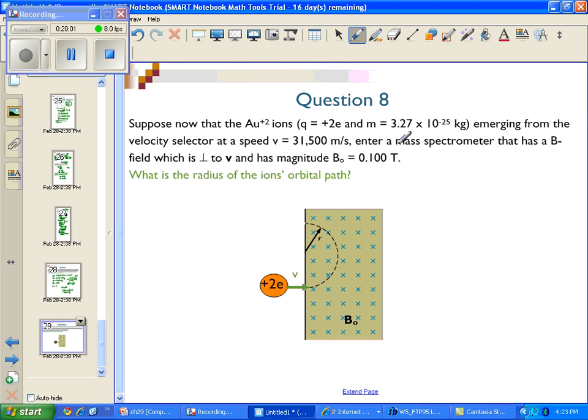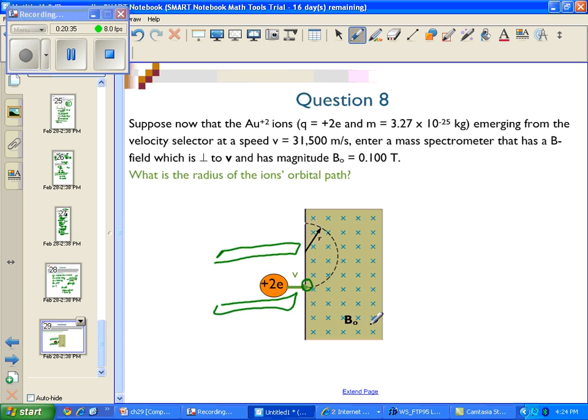Last question. Now, our gold ions with a plus 2e, same thing as last problem, and an m of 3.27 e to the minus 25 kilograms, have passed through the velocity selector, emerging with a speed of 31,500 meters per second. This would have been the velocity selector right here, and the ones that emerge come into this region.